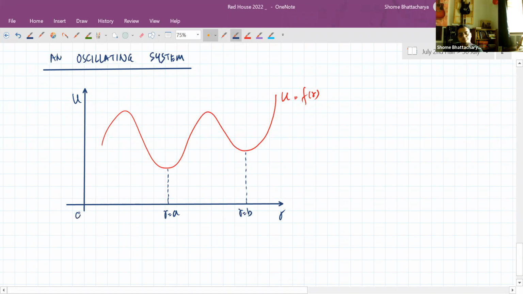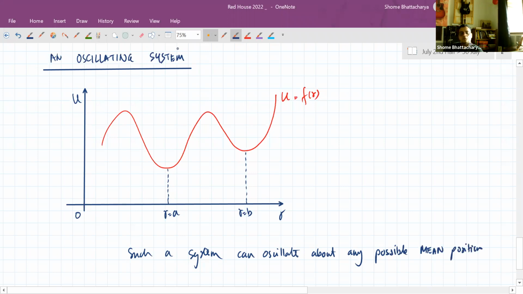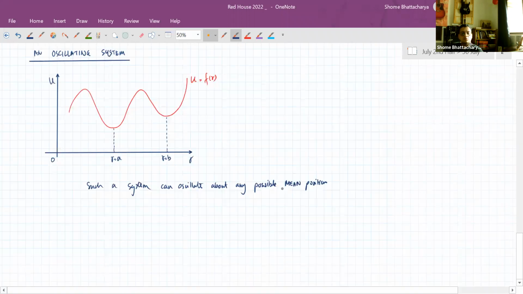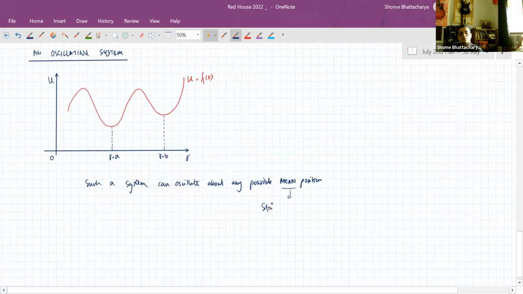Such a system can oscillate about any possible mean position. So the mean position in this case will be a stable equilibrium, which is basically a local minima of potential. For example, R equal to A, R equal to B.